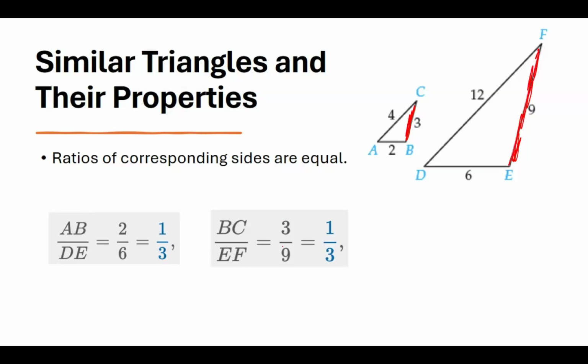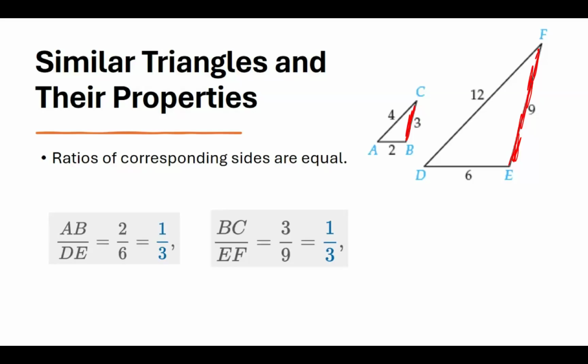If I substitute their values in the fraction, it gives me 1/3 as well. This is what the property says: if you have similar triangles and you create the ratios of corresponding sides, you get the same number. Those fractions are equal. So AB over DE is equal to BC over EF.